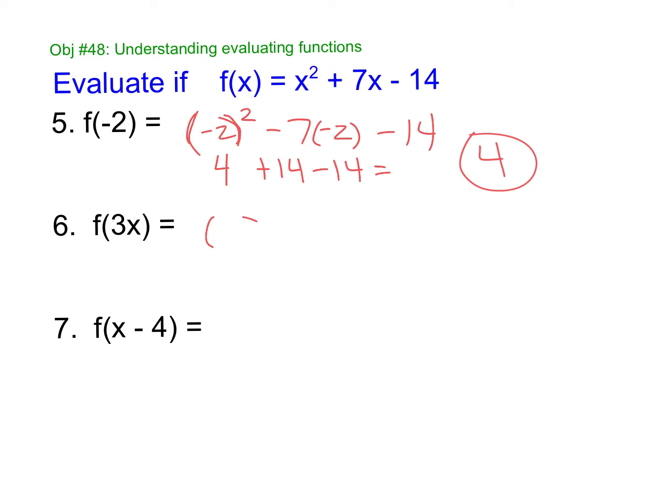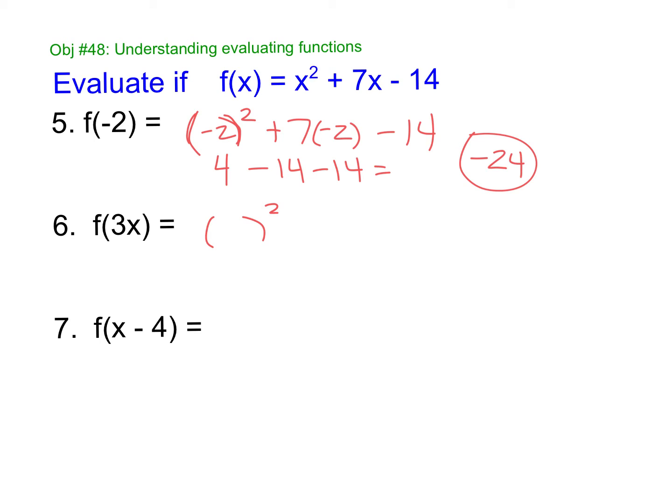3x, again in parentheses, squared. Oh, I wrote it wrong. That's a plus. That's a minus. So that's -24. Whoopsies.